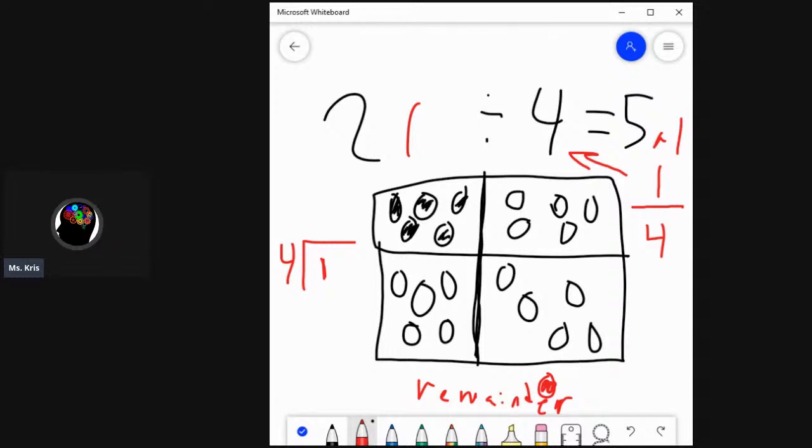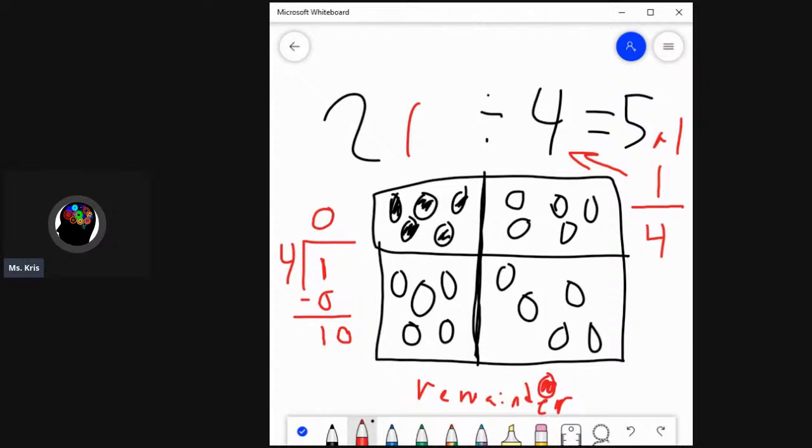First things first, we know that 4 cannot go into 1, so we're going to put 0 as our first number. And of course, 0 times 4 gives me 0, minus 1. And so 1 minus 0 is still 1. Now, when you are trying to go into decimal form, especially if you have no other numbers to go to, you must first add a 0.